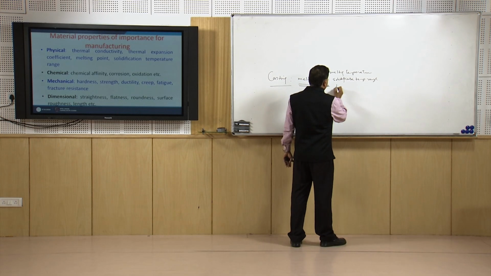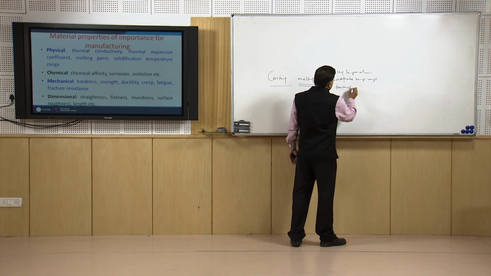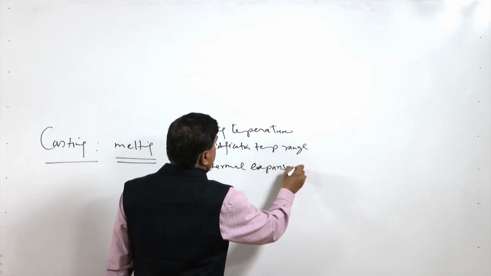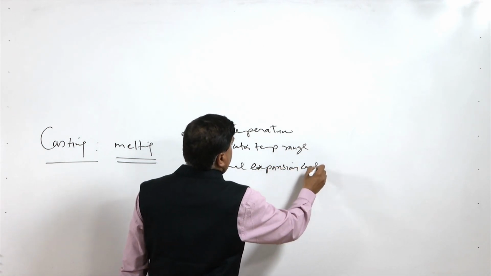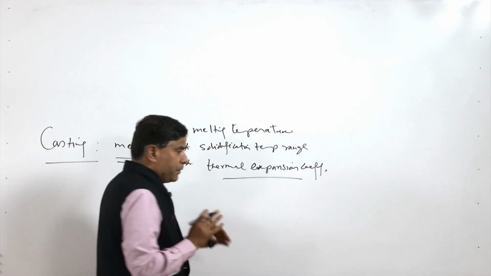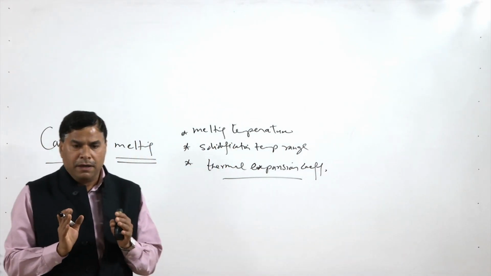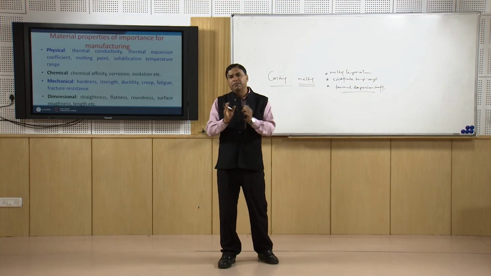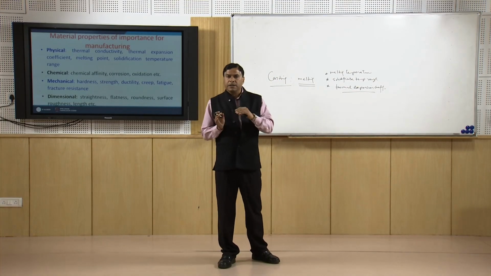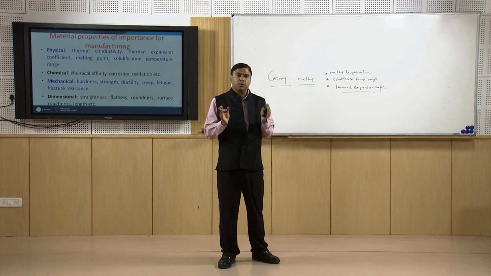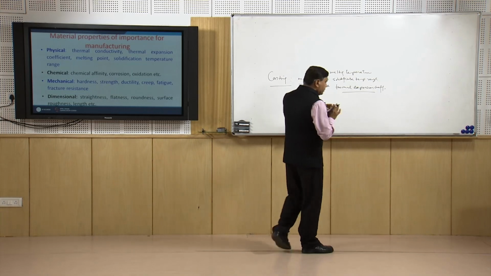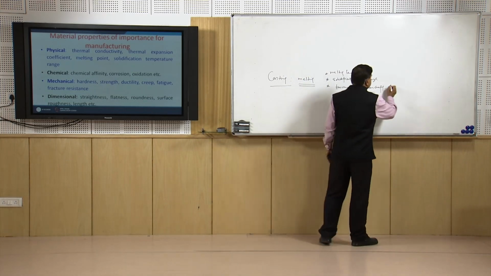Next is the thermal expansion coefficient. Thermal expansion coefficient is important in casting also because after solidification, the casting will be cooling down to room temperature. So, if the expansion coefficient is too high, then excessive shrinkage will lead to problems related to dimensional control.